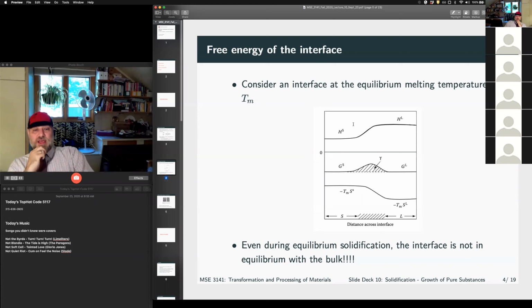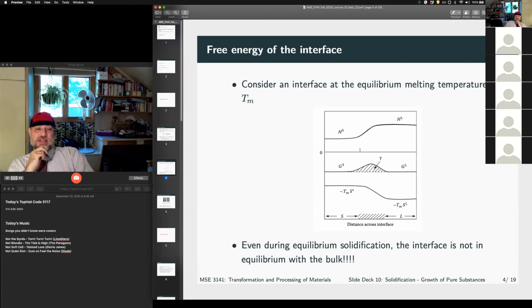But the enthalpy of the solid is less than the liquid, and the entropy of the liquid is more negative than that of the solid, right? So the TS term, I mean, the liquid obviously has a greater entropy, but because in the Gibbs free energy we have the negative term here, when we add those together, they don't exactly compensate at the interface.